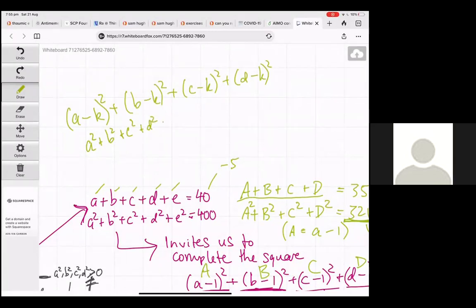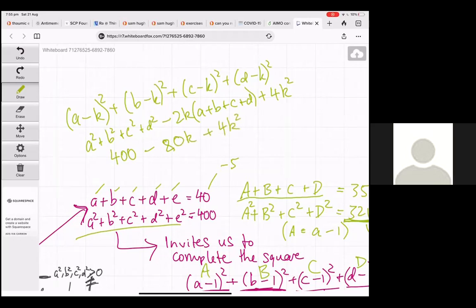And then we're going to have to subtract 2 times k times the sum. And then we're going to have to add up 4 multiples of k squared. And then that's 400, as we can see, minus 2 times 40 times k, which is 80k, plus 4k squared.